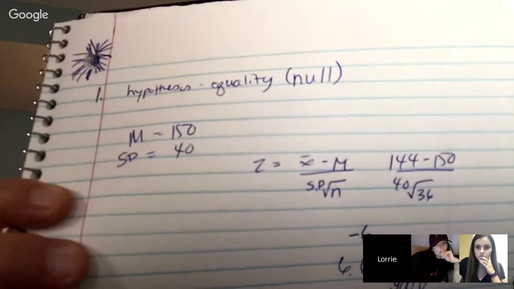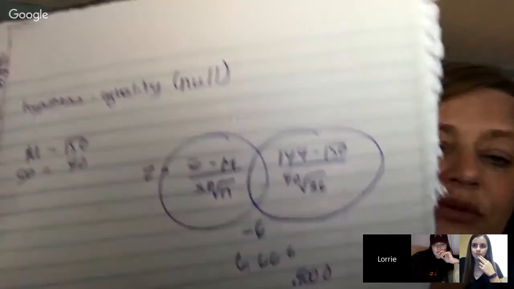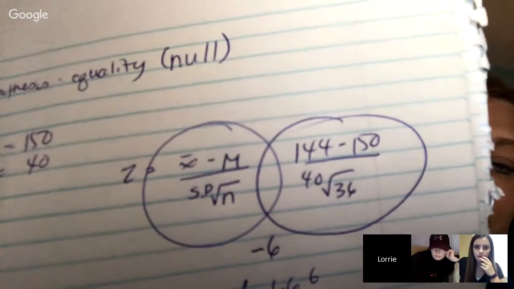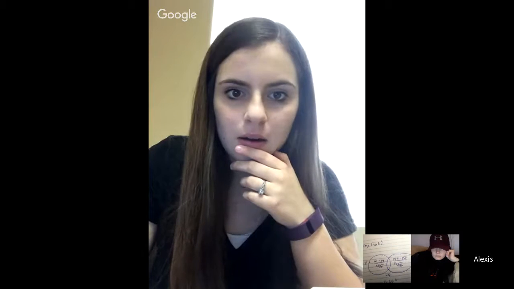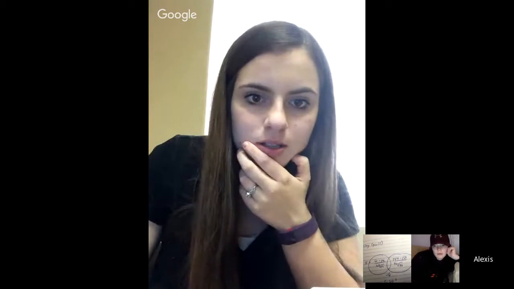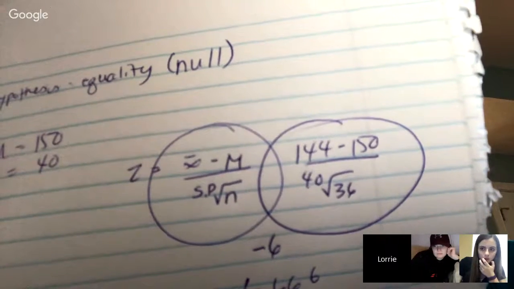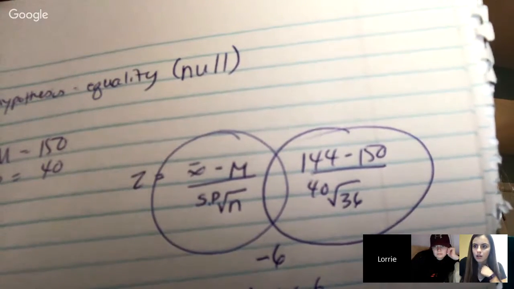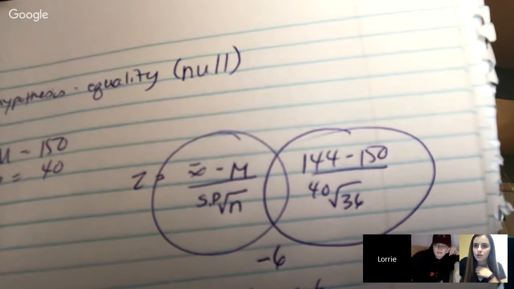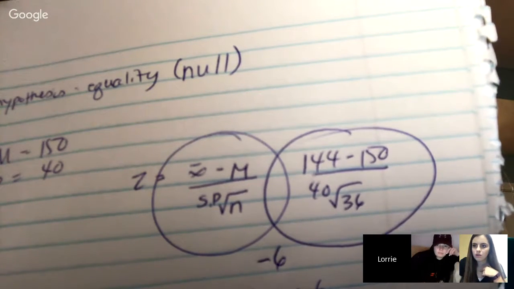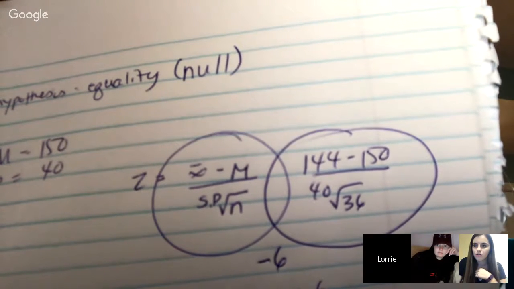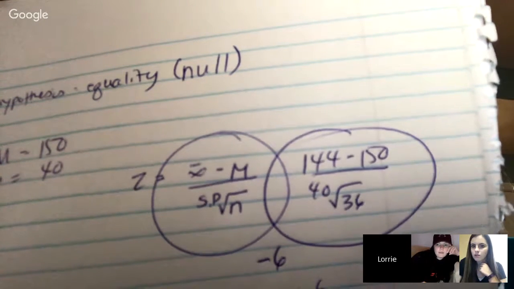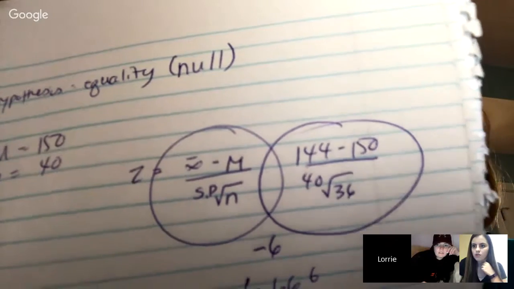Can you see that? It's those two circles. Oh, okay. So it's 144 minus 150, divided by 40 divided by the square root of 36? Yes. Okay.